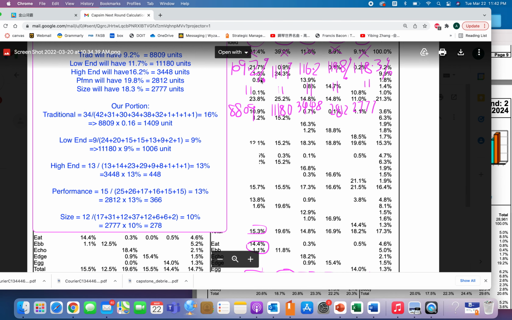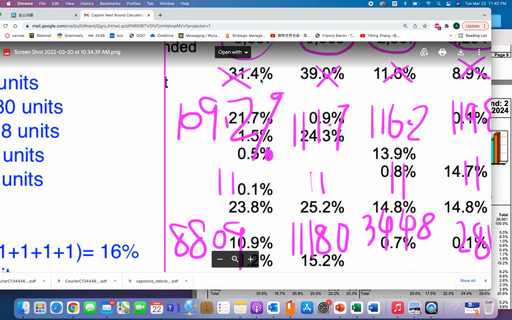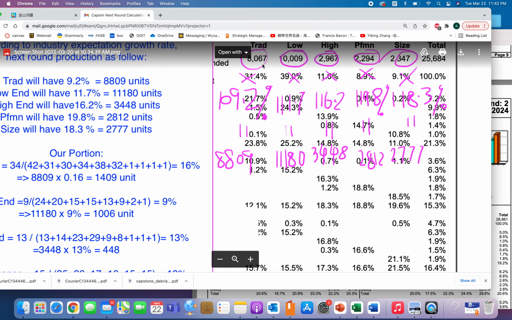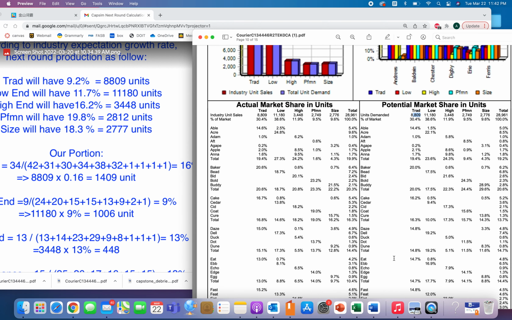The new base is 9,900. Last time it was 867. So we share 14% of the 8,000. The 8,000 plus the industry growth of 9%, which is close to 10%, so it's going to be 9,600 something, and we have 40% of that.